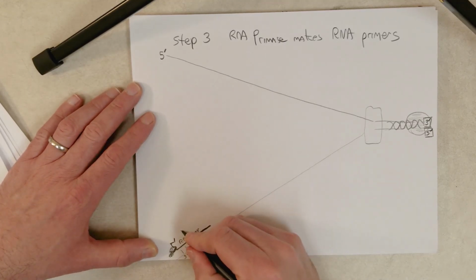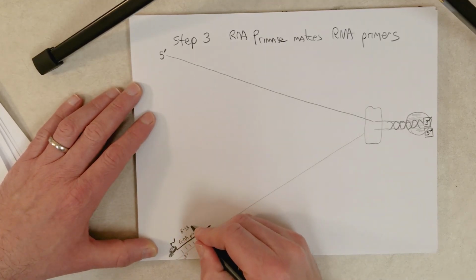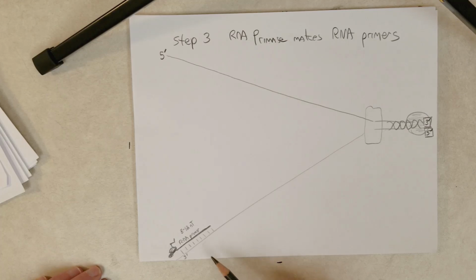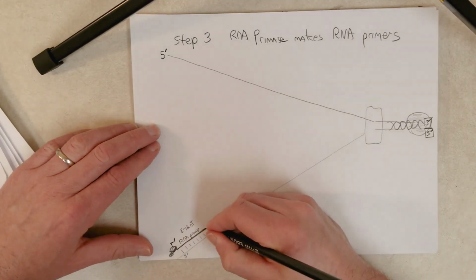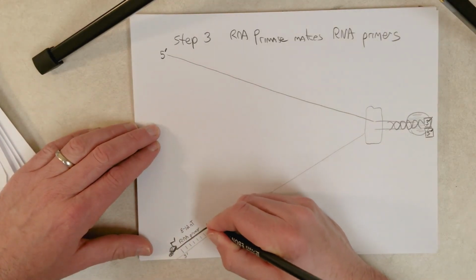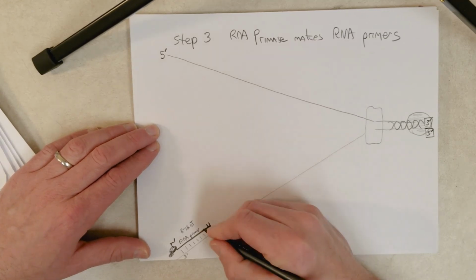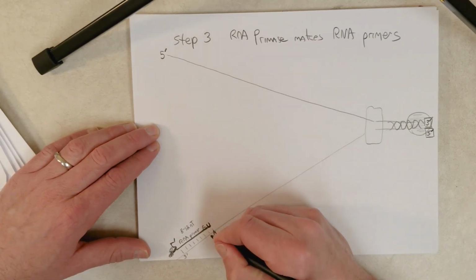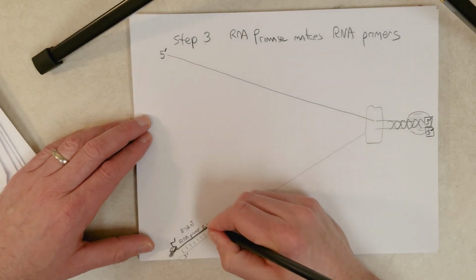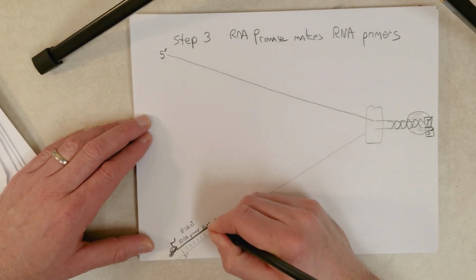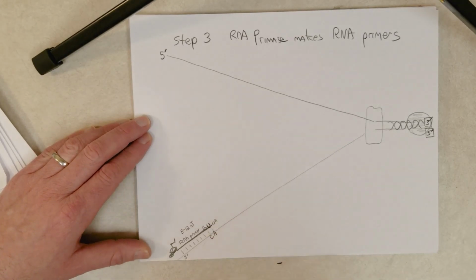And let's say it's 8 to 12 nucleotides long. So this is an RNA-DNA hybrid. These are RNA nucleotides, these are DNA nucleotides. So if this is a U right here, then we know this is an A right here. This is a G, and this is a C. Now we have a 3' OH right here at the end of this primer.